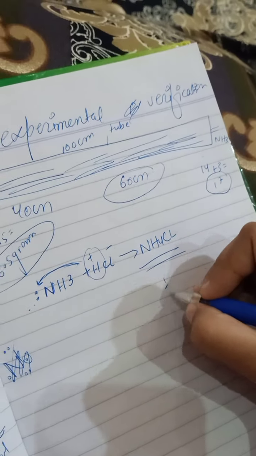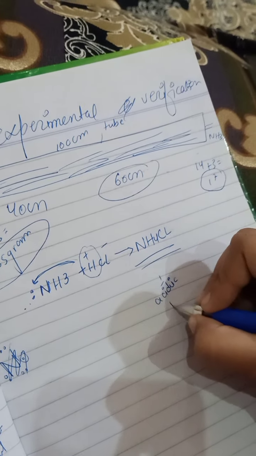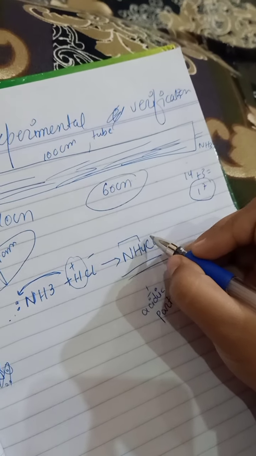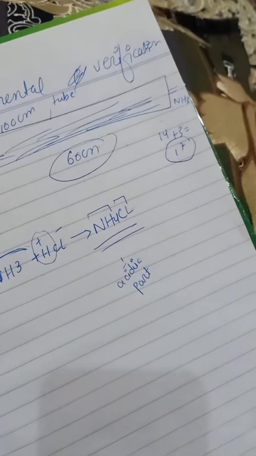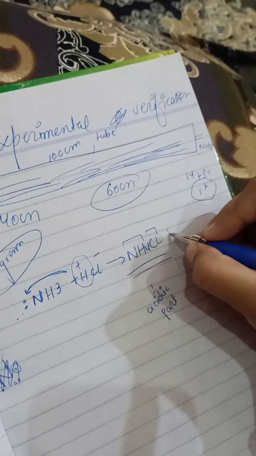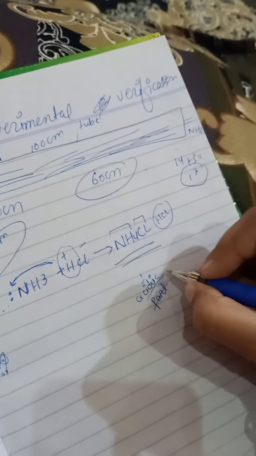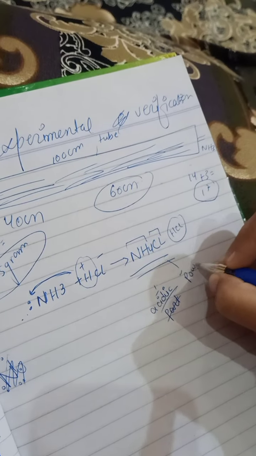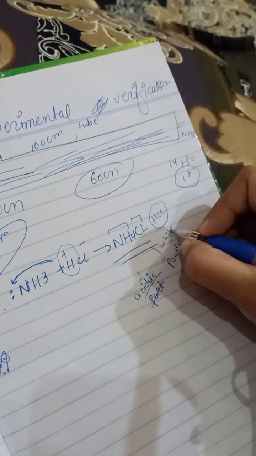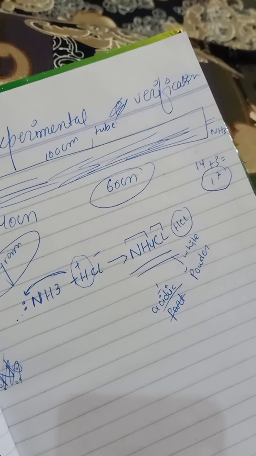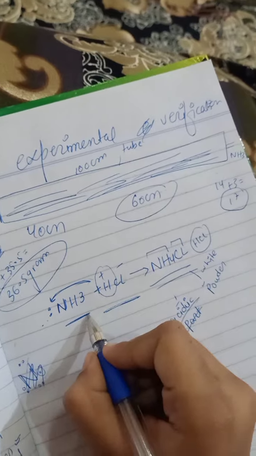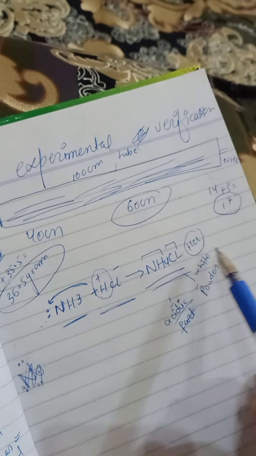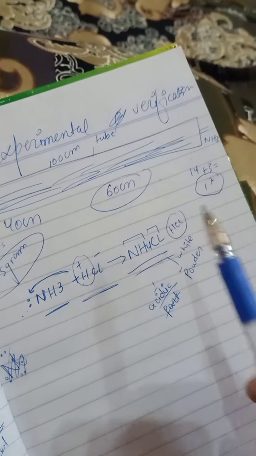This is an acidic salt, because it comes from a weak base and a strong acid, since HCl is there. It forms a white powder. Hydrogen reacts with nitrogen and this white powder is formed.